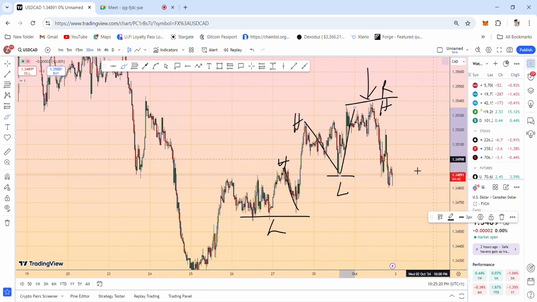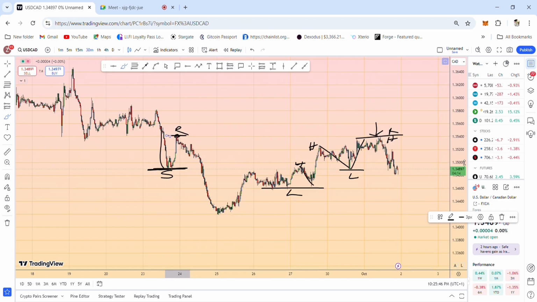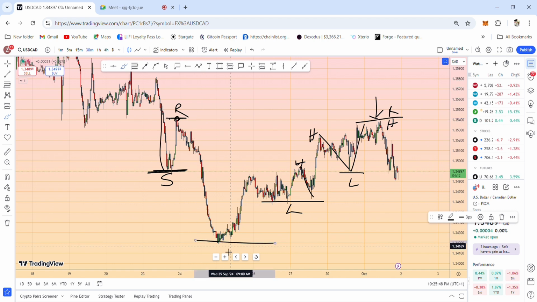For example, at this low, when price sold down and got to this low, it held, and buyers came in and bought up to this point. Then at resistance, sellers came in and sold from this point down to this point. When it got to this point, the buyers bought again at the support level, the low, up to this point.